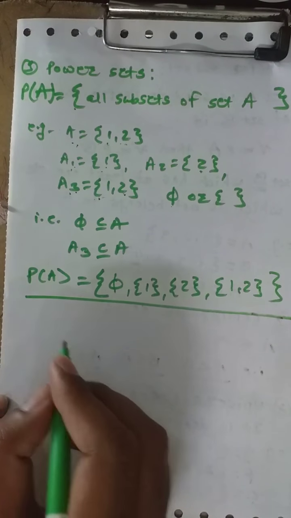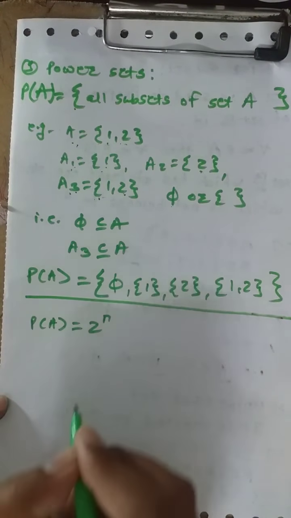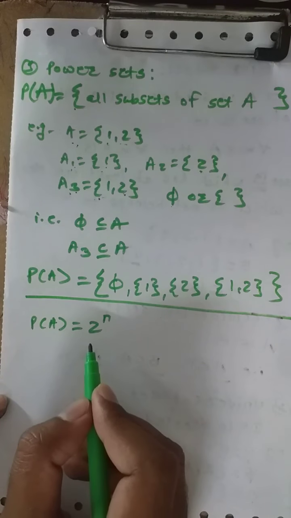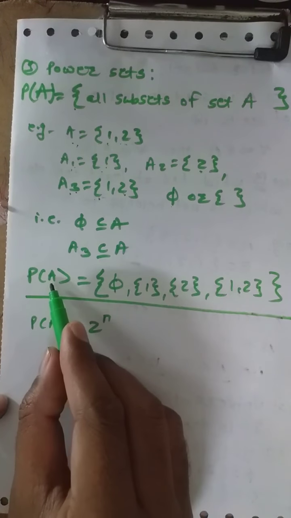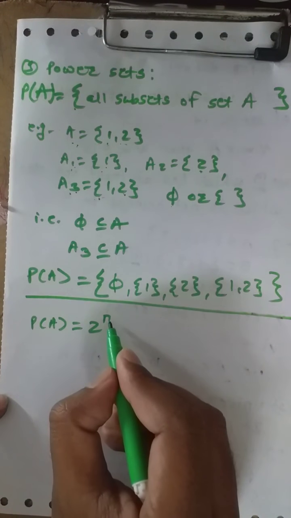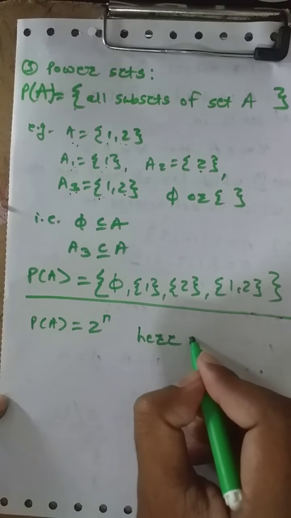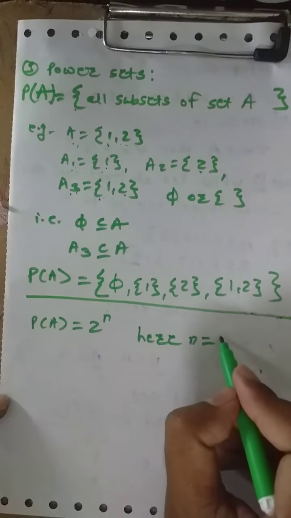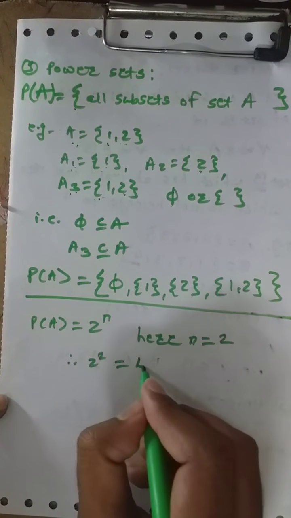There is a general formula: the number of elements in P of A is 2 raised to n, where n is the number of elements of set A. Here n is 2, since the elements are 1 and 2, therefore 2 raised to 2 is 4.